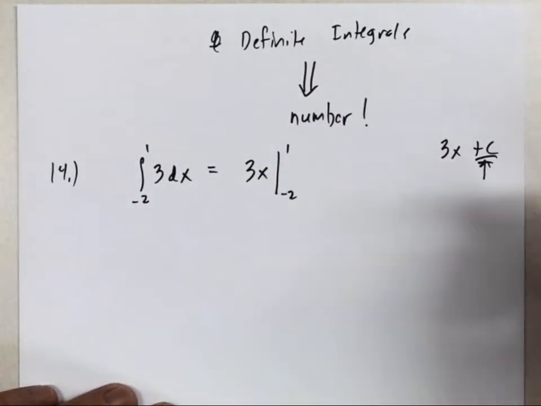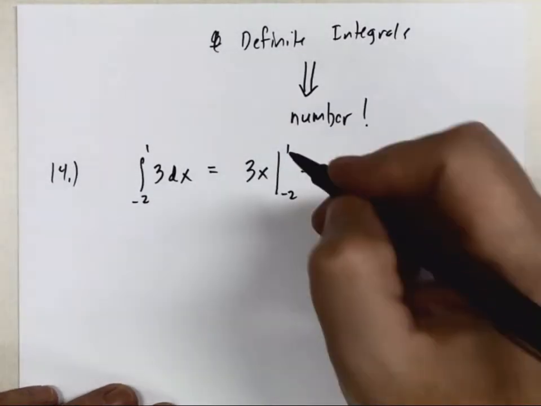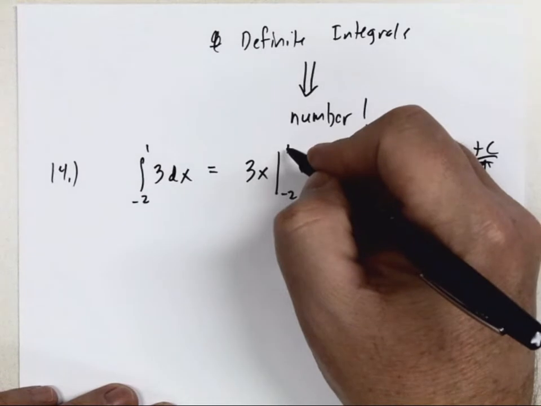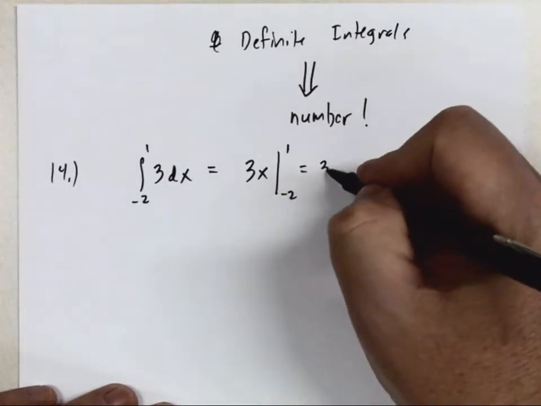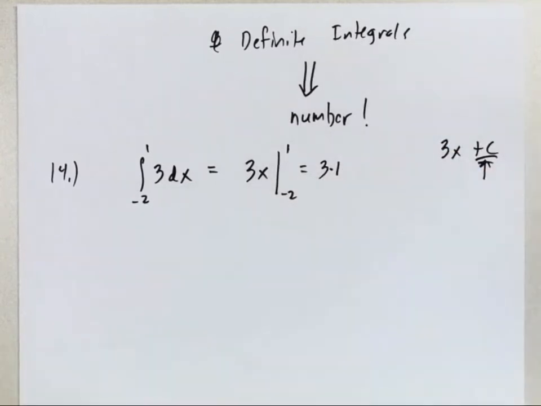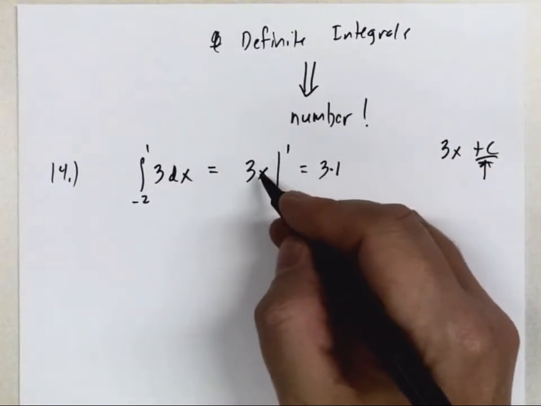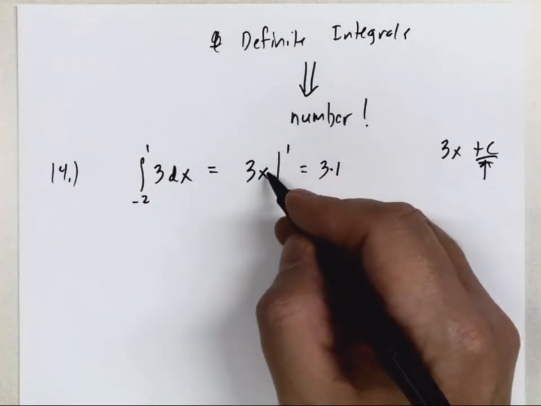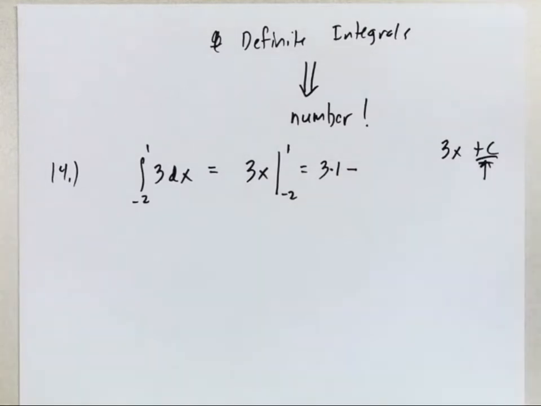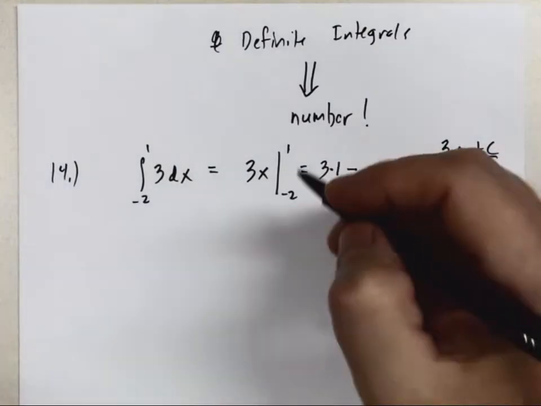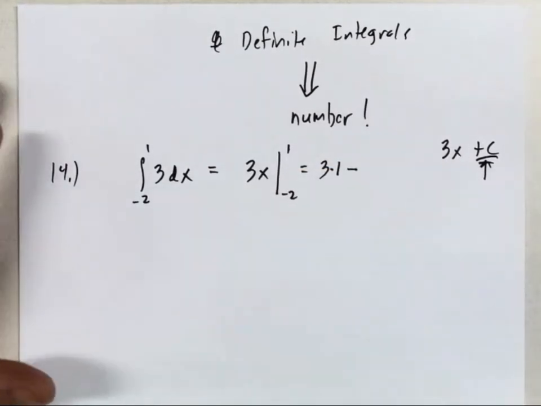And what this means is, whatever your expression is here, I'm going to substitute this top number in for x. So you take your answer, this expression, and you plug 1 in for x, and then it's always subtraction, and then you plug in the lower number in for x.